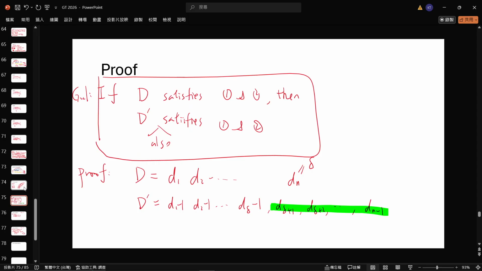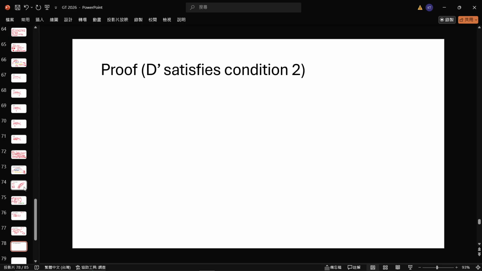And we can once again consider the case when delta is large, okay? And when delta is small, okay? So if delta is large, how to show that the total degree is still large enough after we simplify the degree sequence?